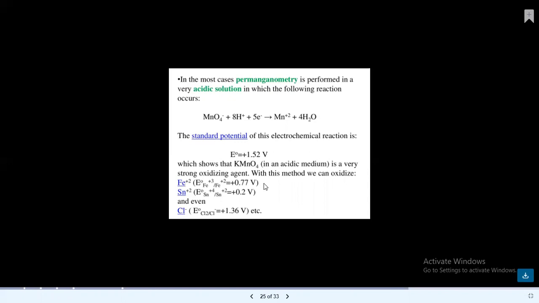No indicator needs to be used, because it is a very good self indicator, and indicates the end point very clearly.